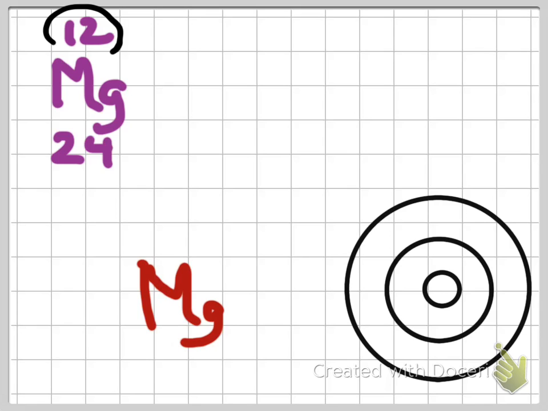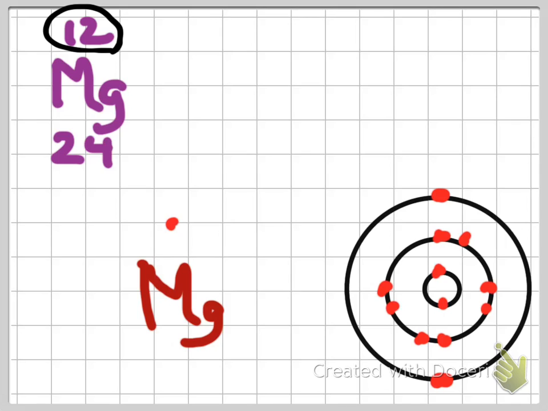Okay, for magnesium, we have 12. So we're going to place them 1, 2, 3, 4, 5, 6, 7, 8, 9, 10. We definitely have those full. And now we need 2 more. 1 and 2, and if you count all the dots, you get 12.